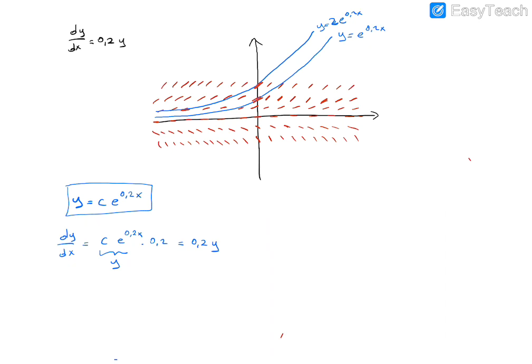Directly from here we can sketch this one, but to sketch the graph of the blue one we need the solution. If c is negative, our graph looks like that one. For example, for c equals minus 1, this is also a solution. So y equals minus e to the power 0.2x is another solution.